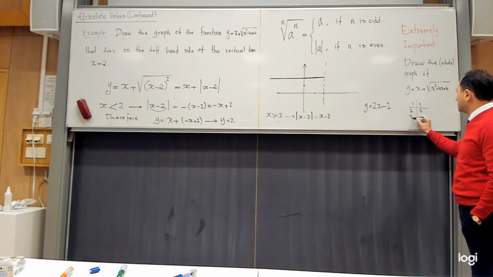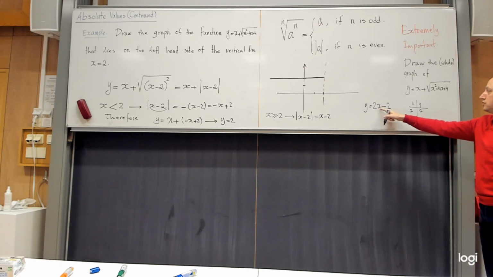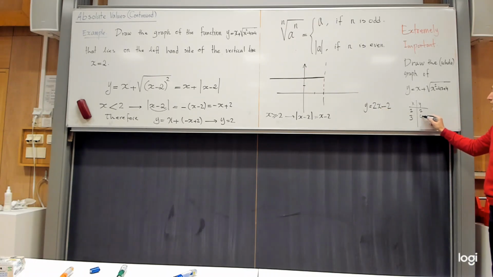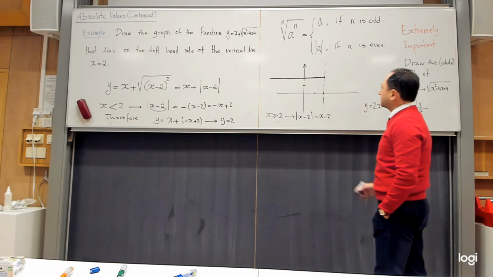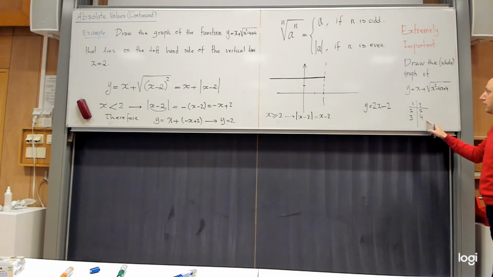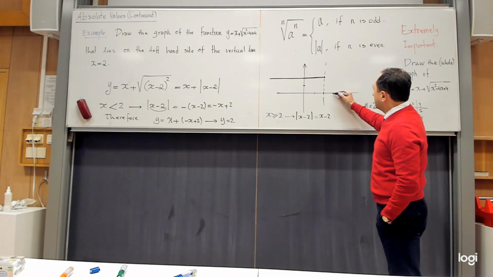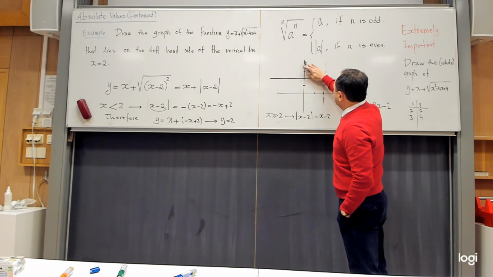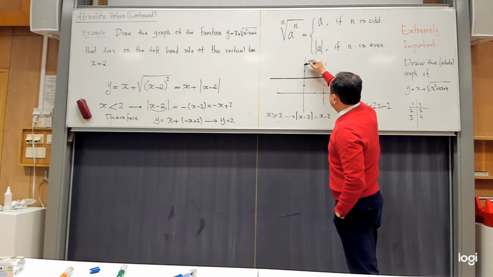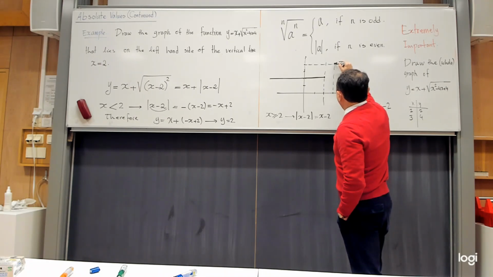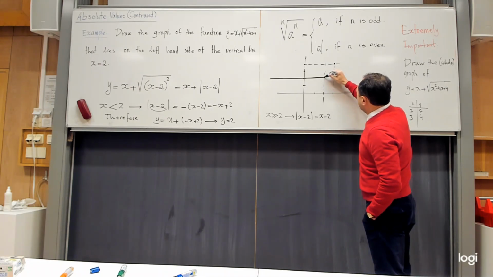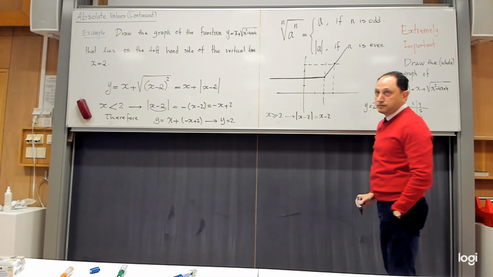For example, let me choose 3. And then I put 2 times 3 is 6, minus 2 is 4. And then I will find these 2 points. x2, y2 is exactly this point. x3, y4. That's also another point. Okay? And then I connect them and continue.